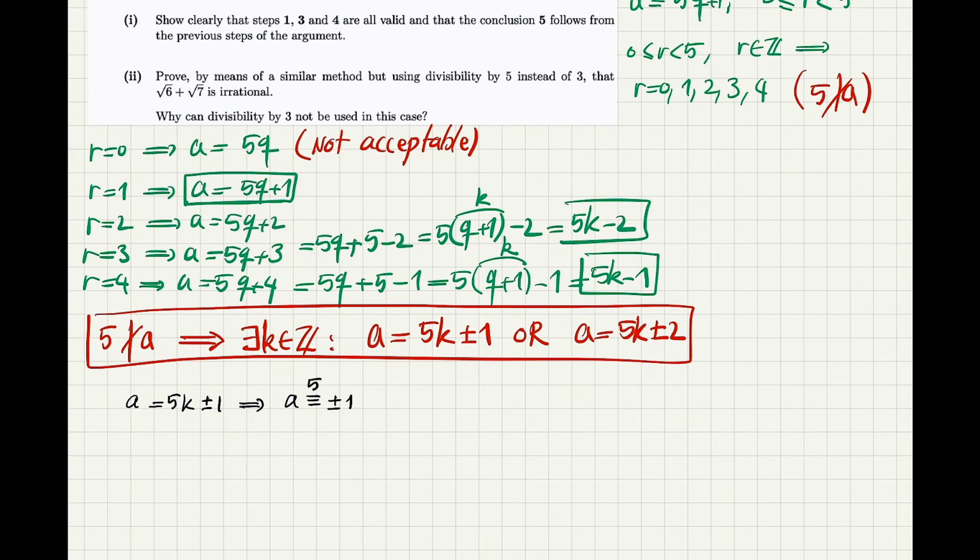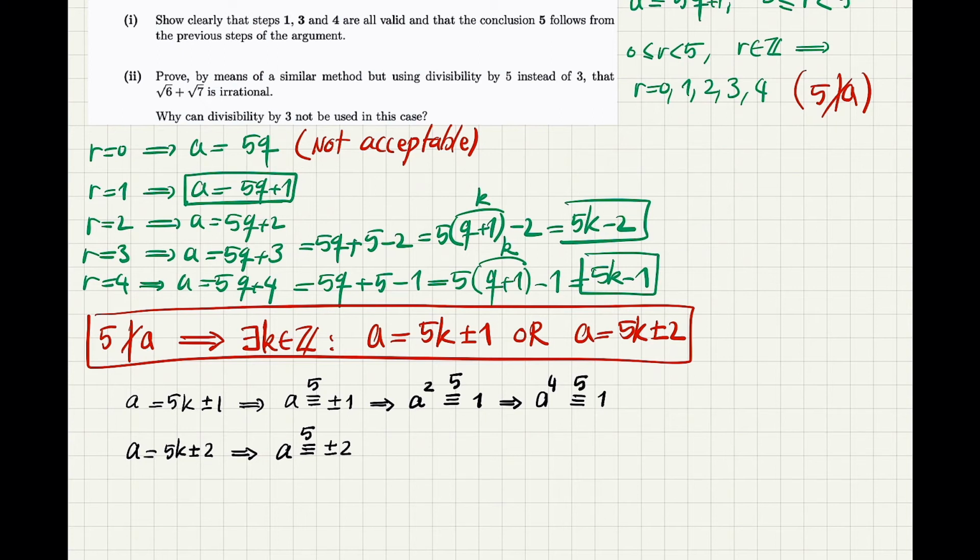And if a is equal to 5k plus or minus 2, then this means that a is congruent to plus or minus 2 modulo 5. Here, if I raise this one to power 2, both sides, a squared becomes congruent to positive 1 modulo 5. And if I raise it once more, then a to the 4 is also congruent to 1 modulo 5.